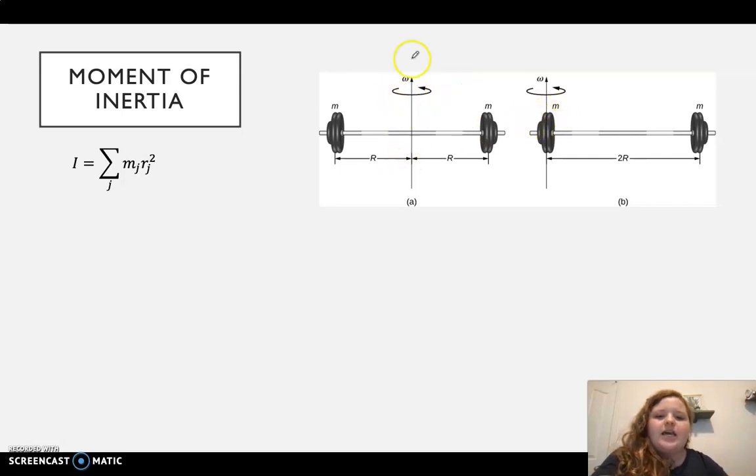In this case, we're rotating it about this axis, which is about half of this weight system, our system of interest. And it is going to have a different moment of inertia than this one over here.